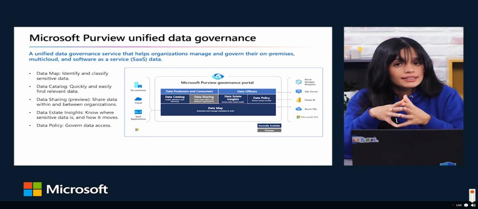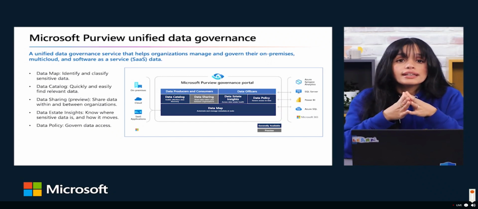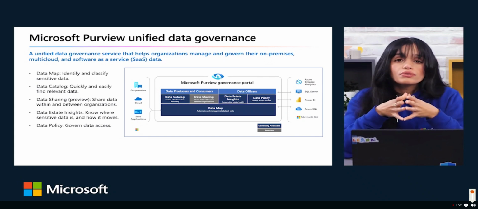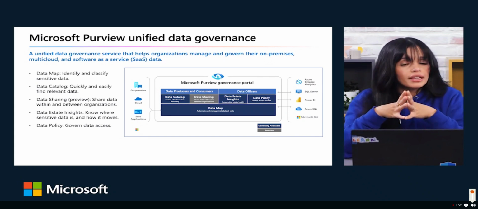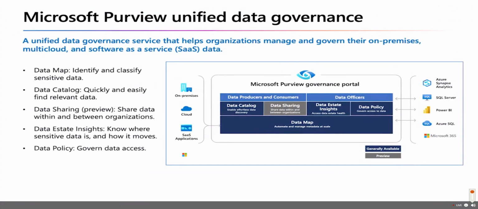In addition, it enables data curators to manage and secure your data estate and empower data consumers to find valuable, trustworthy data. To do so, it is empowered with different tools.